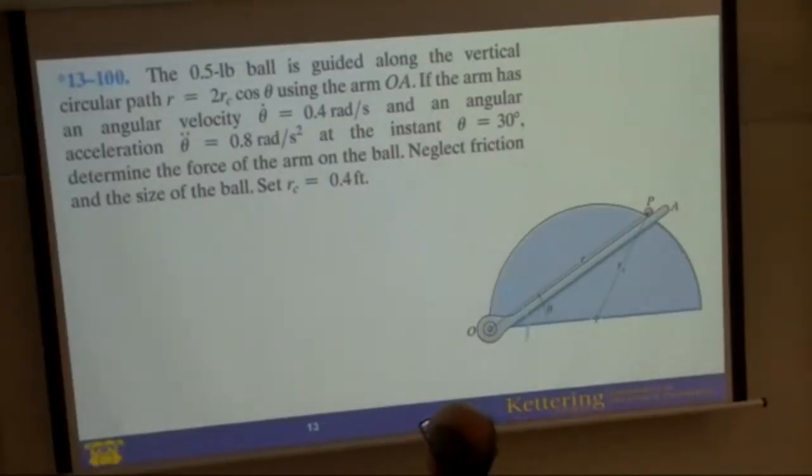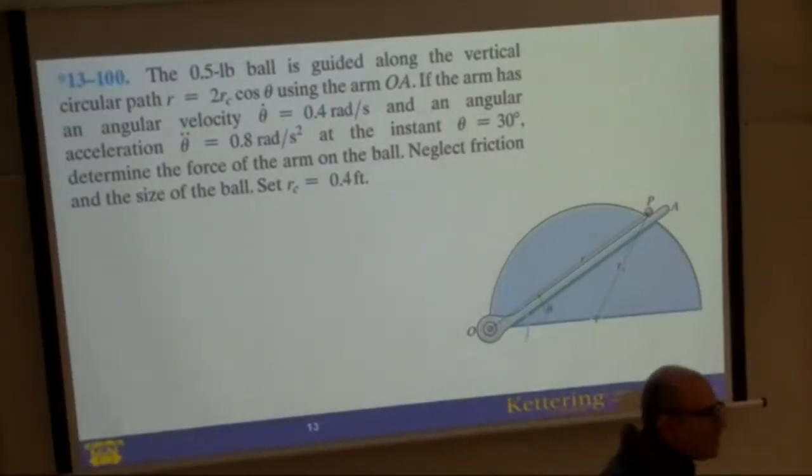If the arm has angular velocity and angular acceleration at the instant shown, and there is no friction, we consider the ball as a particle. Then at r = 0.4 foot, we want to find the forces that apply to this ball.